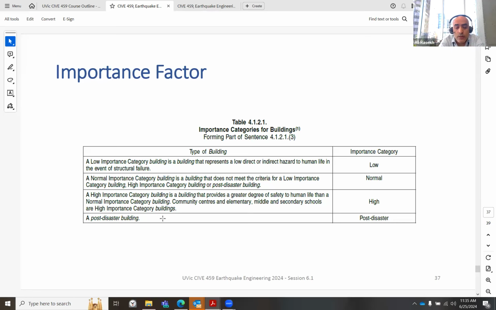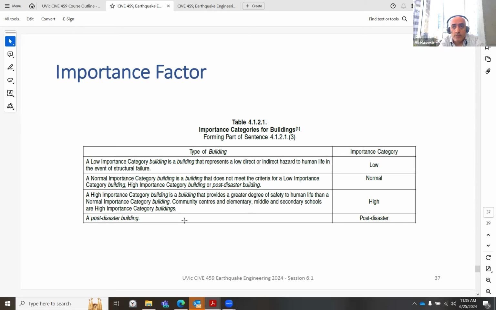Dams are, I consider, post-disaster, although we don't really exactly follow NBCC, but if I want to make an equivalence, I would say it's equivalent to what NBCC considers post-disaster. We want fresh water, electricity, and also if a dam breaks, a lot of communities will be flooded and in danger.